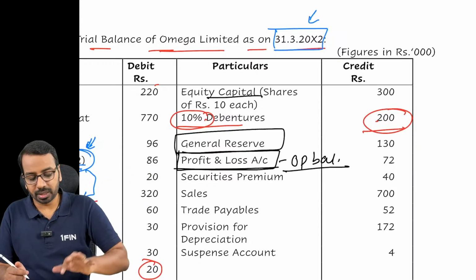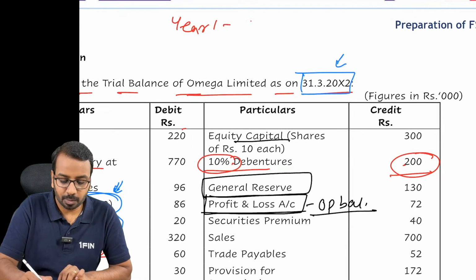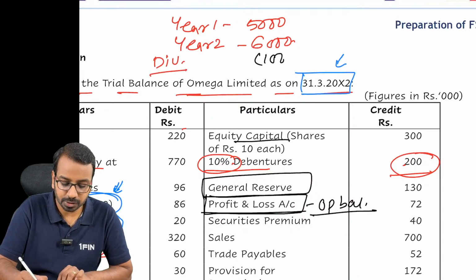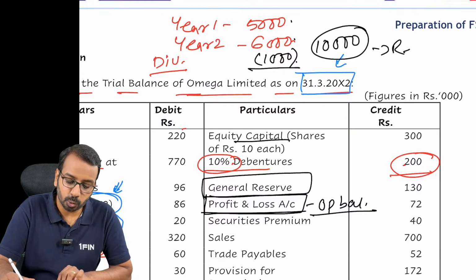Means over the years, let us say in year 1 the company made a profit of 5,000. In year 2, the company made a profit of 6,000, and in year 2, they declared dividend of, let us say, 1,000. Okay. So 5 plus 6, 11 minus 1, how much do we get? 10,000. This is referred to as retained earnings.